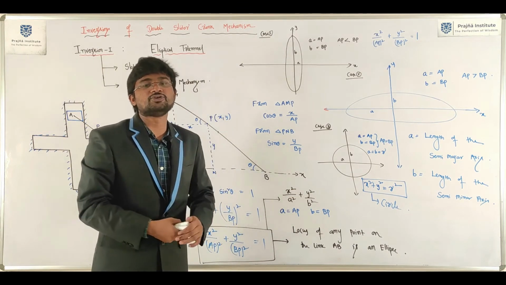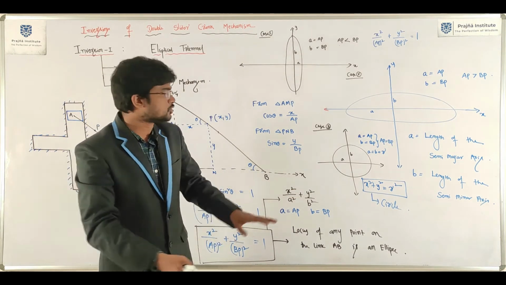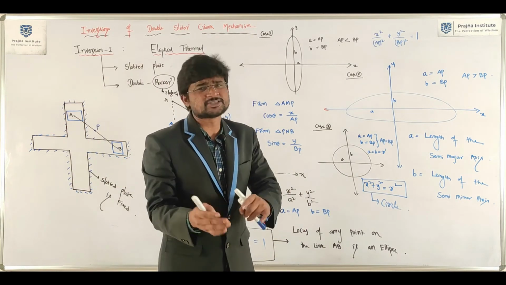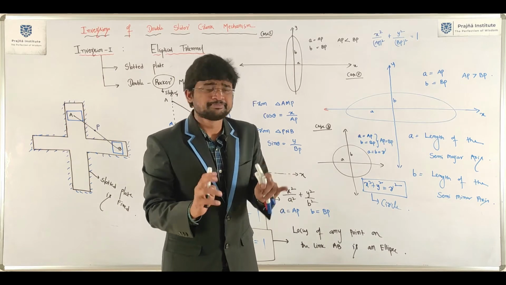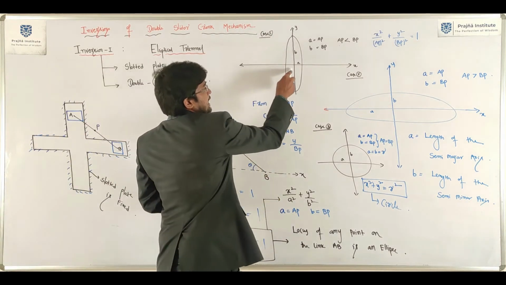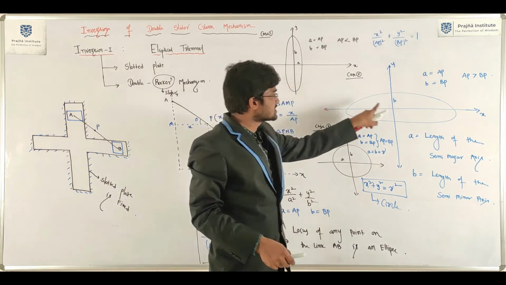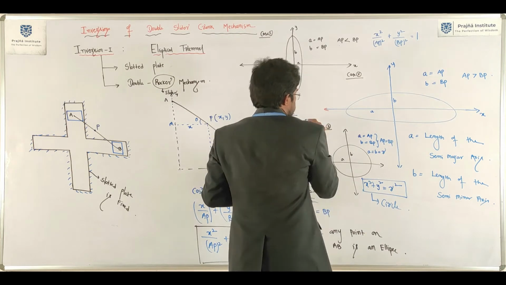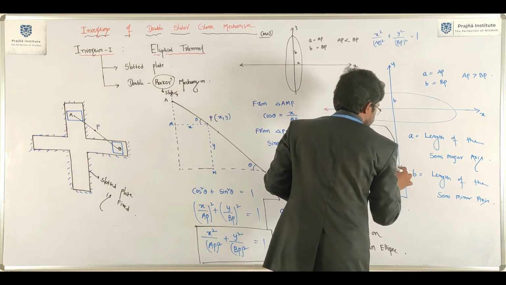In general, we use a compass to draw a circle. By using a compass, you can't draw an ellipse, right? By using the elliptical trammel, you can draw an ellipse like this and this kind of ellipse, and you can draw a circle also.